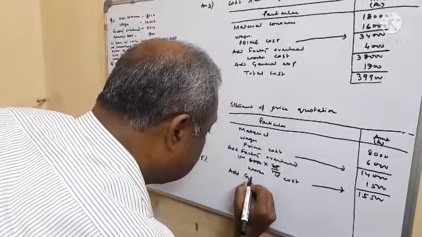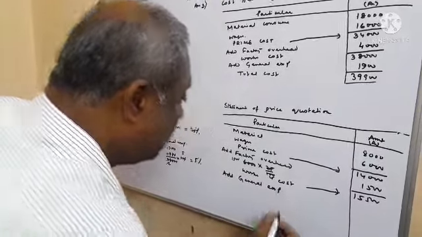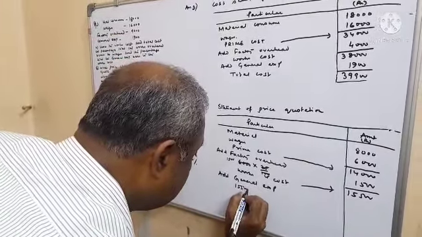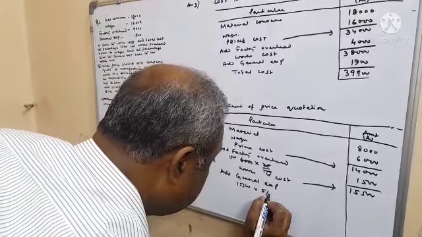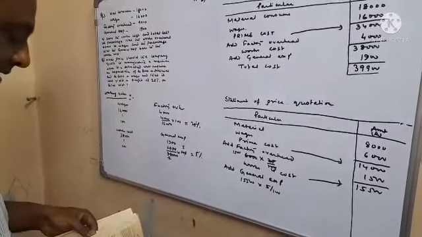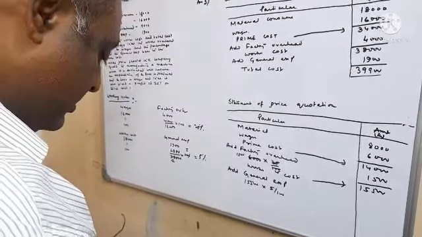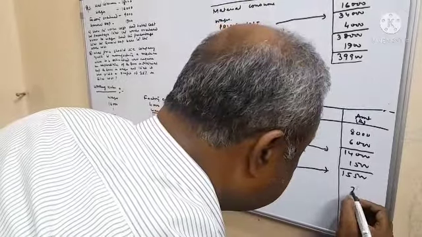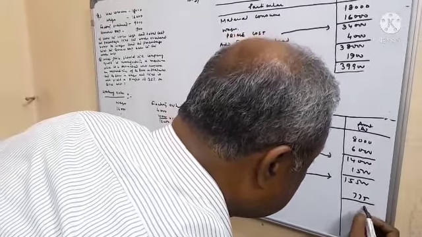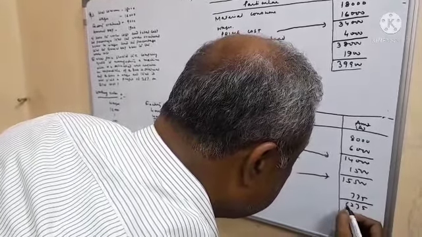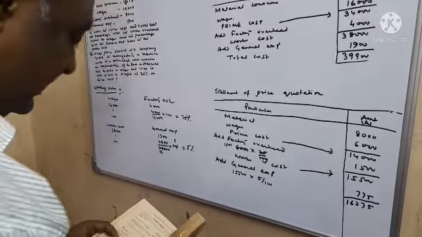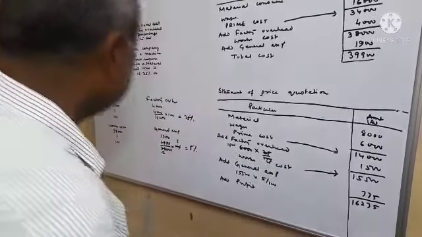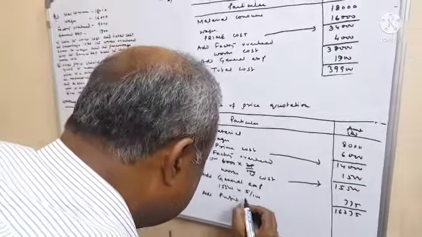At general expenses, how much percent? 5% on work cost. General expenses 5% on work cost, it will be 775. 16,275. That is total cost.